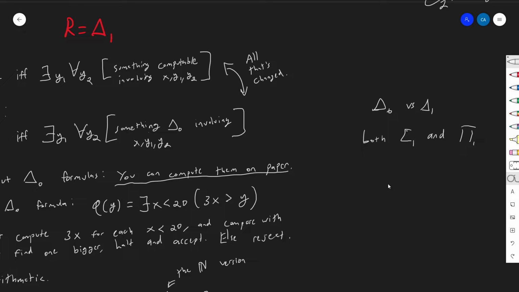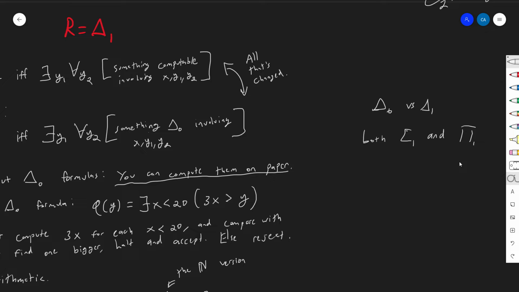We did that by going back and forth between the sigma 1 and the pi 1 algorithm for the language in delta 1. If you have a decision problem in both, then there's a machine that will eventually accept the yes answers and a machine that will eventually accept the no answers. So if you just run both back and forth, then eventually you will arrive at a yes or no answer, and you're sure of it.